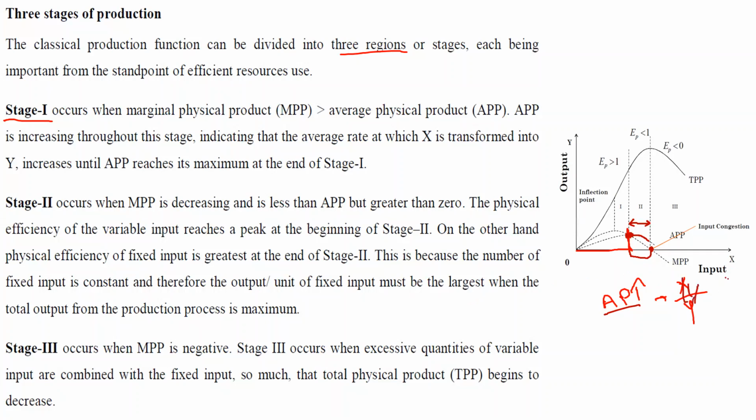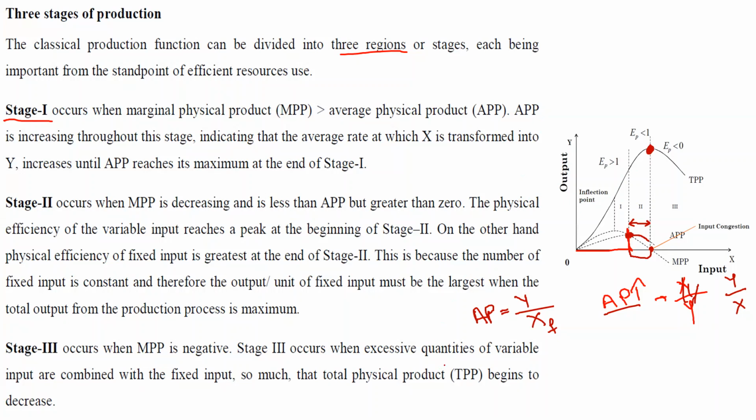So APP is Y by X. The average product with respect to fixed inputs will be maximum when output is maximum, and for fixed inputs the quantity remains the same. So our total product is maximum at the end of the second region. So at this point, physical efficiency of fixed inputs is greatest at the end of the second stage.